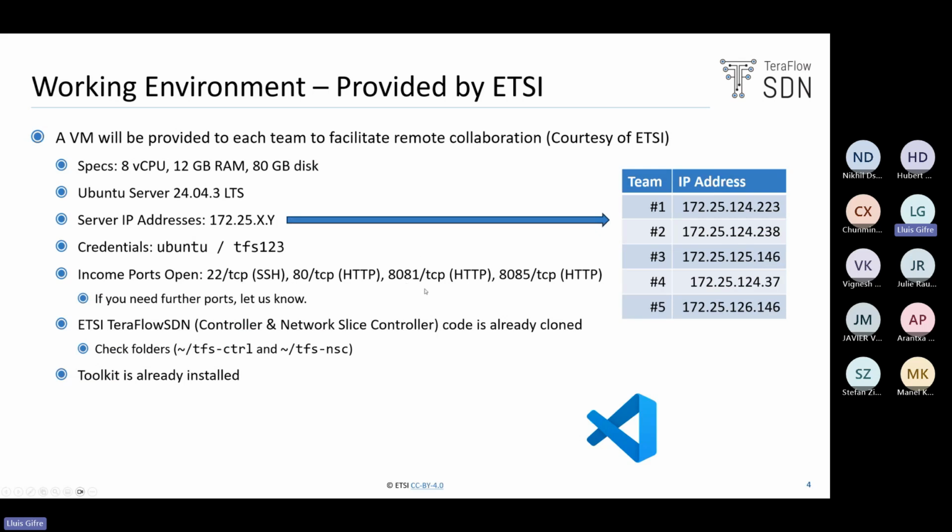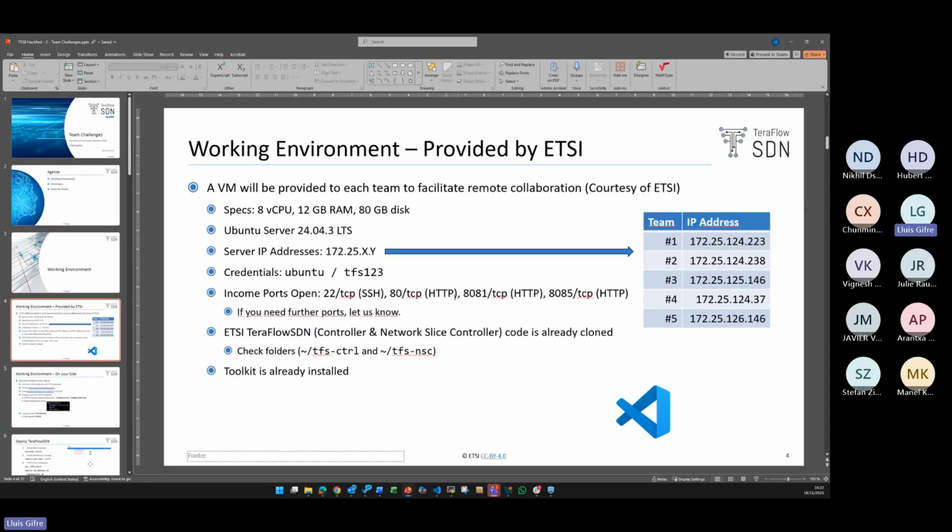I think you will not need it, but just in case. And 8085, it's the network slice controller. Maybe let me put here TFS controller. This one I will remove just to prevent confusion. And here I will put TFS NSC, so that you have it clear. For sure, if during the Hackfest you need further ports, just let us know and we can manage.